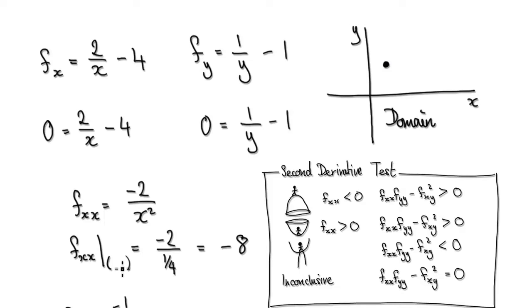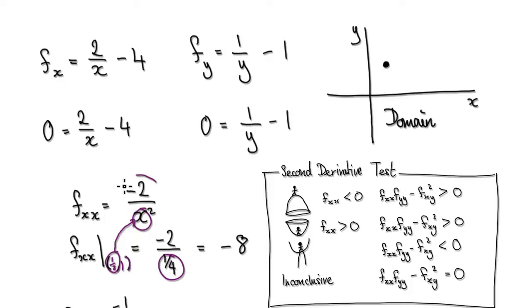So putting this into here, that will then give us a quarter.